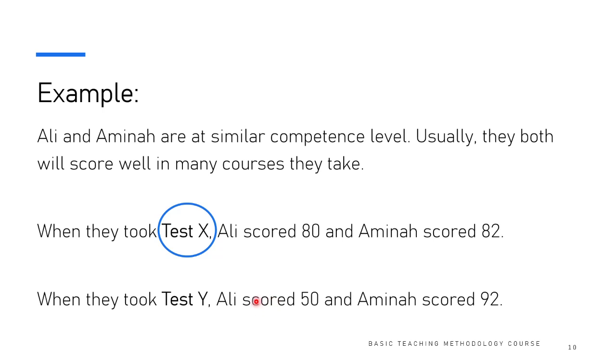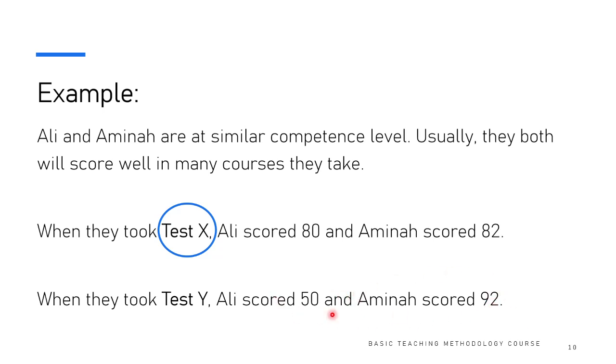Of course, we may explore that there are many factors that may influence this, but let's assume that all the personal factors between Ali and Aminah are similar. That means they have similar competence level, similar psychological state when taking the test, and their situations are similar. The only difference is that they took test Y, and somehow Ali scored 50 and Aminah scored 92.